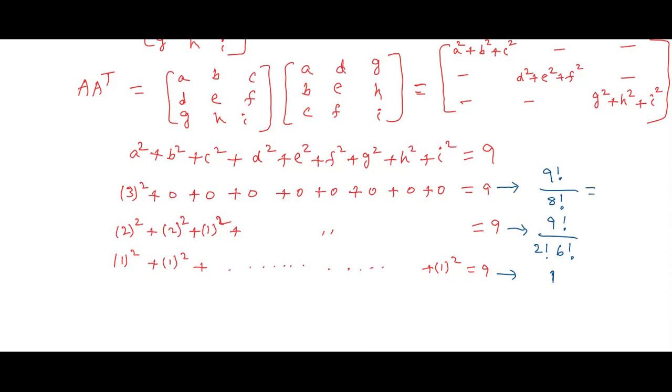Now calculate this. 9 factorial by 8 factorial is 9. The last one is 1. Then 9 factorial is 9, 8, 7, next 6 factorial, and the denominator is 2 into 6 factorial. These two cancel. 2 4s are 28 into 9. How much?